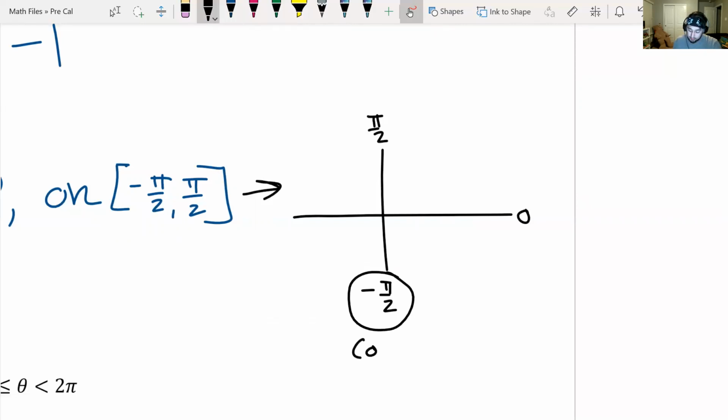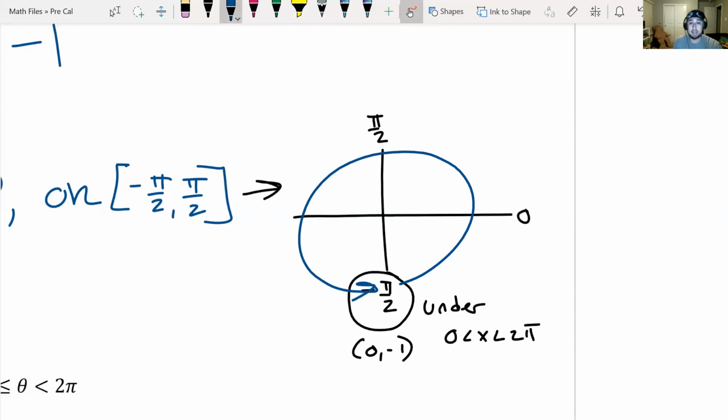Because at this value, you're at 0, -1. Well, -pi/2 is not within 0 to 2 pi. So if you make the connection, if you put this back in the unit circle, this means that the equivalent angle is 3 pi/2.